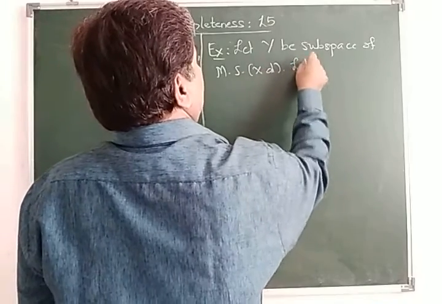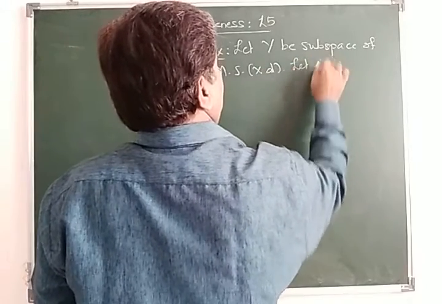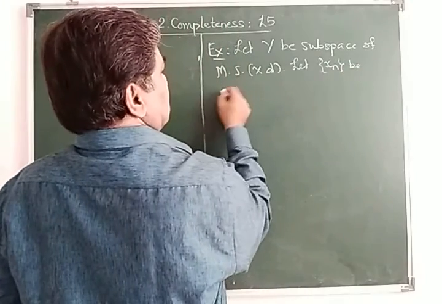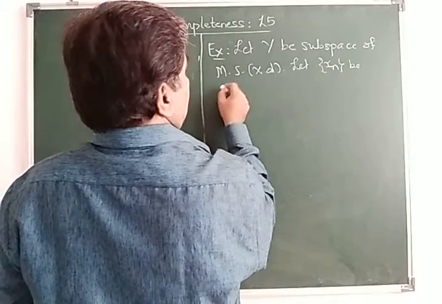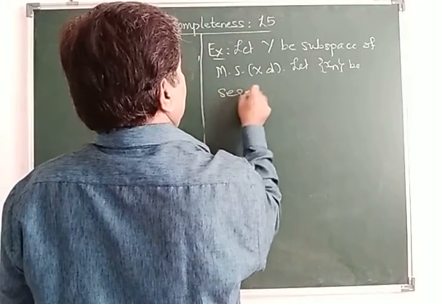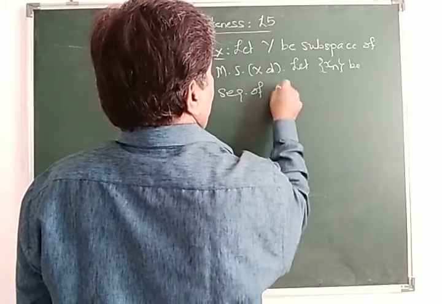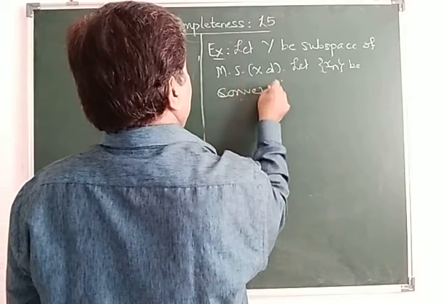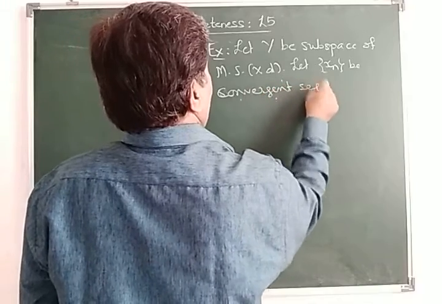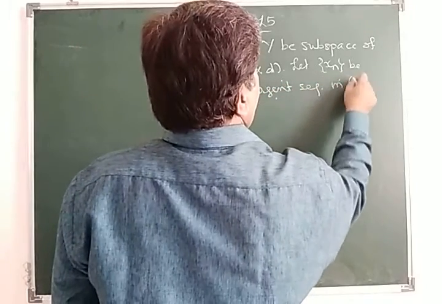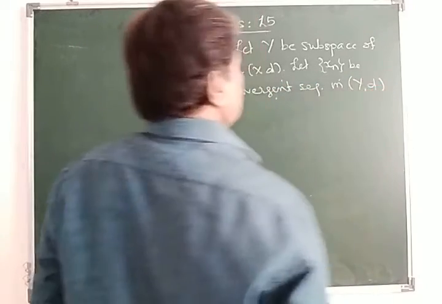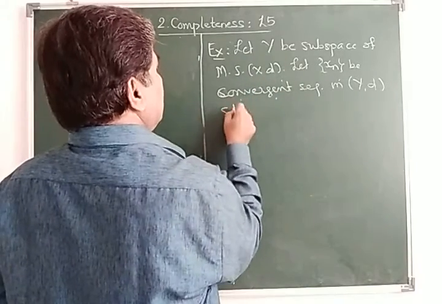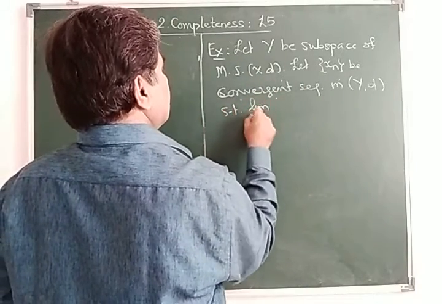Let xn be a sequence of convergent sequence in (Y, d) subspace, meaning it is a sequence of points in Y such that limit of xn is equal to x.